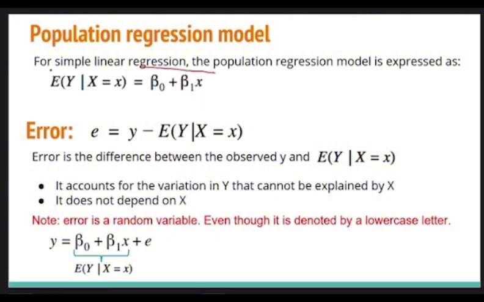Please take notes. If in an assignment I ask you to state a population regression model for simple linear regression, this is what you're going to state for me. But you know what I want us to do now? I actually want to interpret each of these notations that you have here.